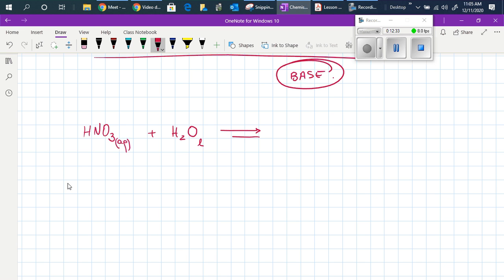So then what is happening is a reaction that happens in both sides. It's a double reaction. Some products are becoming reactants and reactants are becoming products. So what is happening here? The hydrogen is stolen by the water molecule to form H3O plus and NO3 minus. So since we have the presence of hydronium, then this is an acid.